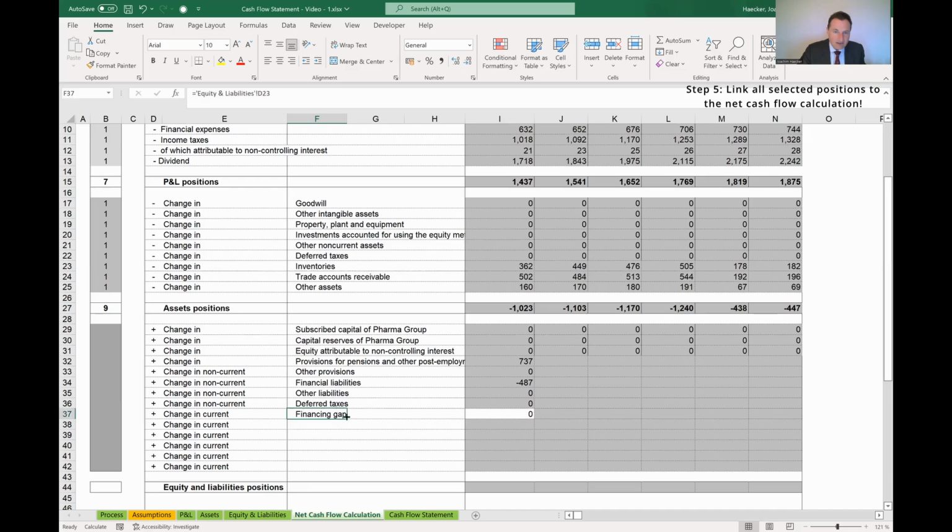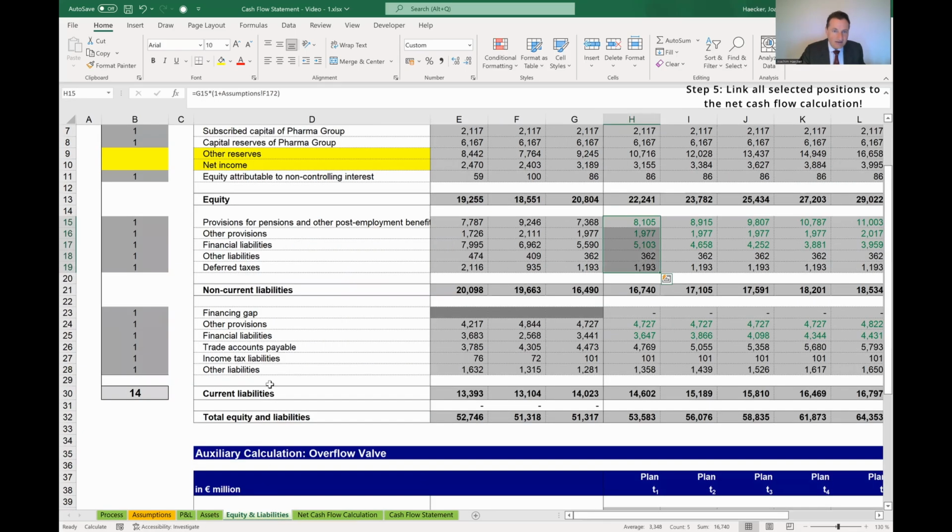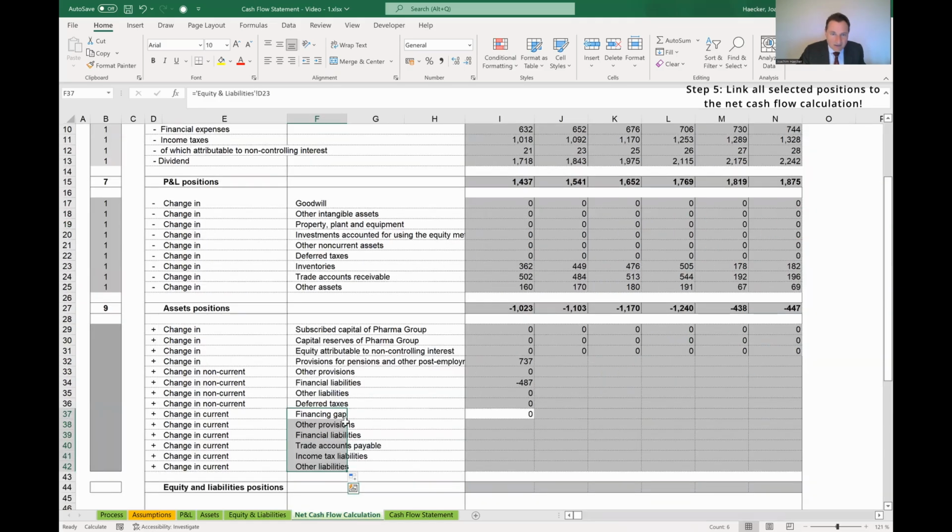I pull that all the way down, and it should end at other liabilities, correct? And my financing gap is the change of the first planned year minus the current year, so I can pull that all the way down. And these are my results.